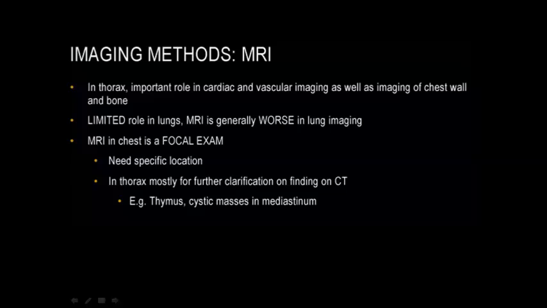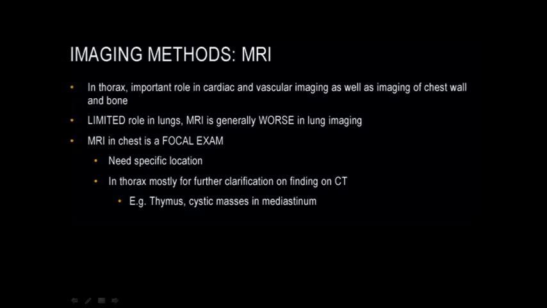Magnetic resonance imaging. In the thorax, it plays an important role in cardiac and vascular imaging, as well as imaging of the chest wall and bone, but a very limited role in lungs. MRI is generally worse in lung imaging than CT. Why? Because MRI imaging is based on detection of vibration of hydrogen atoms.